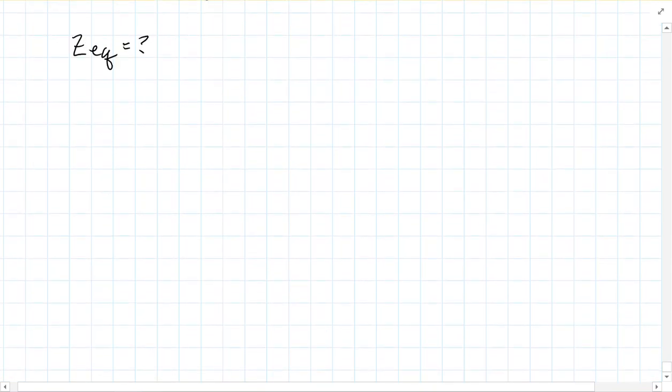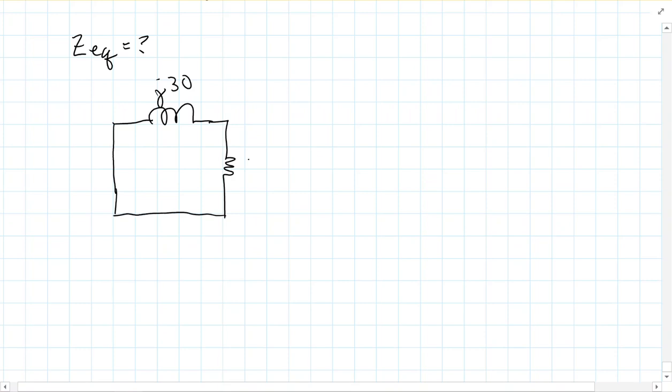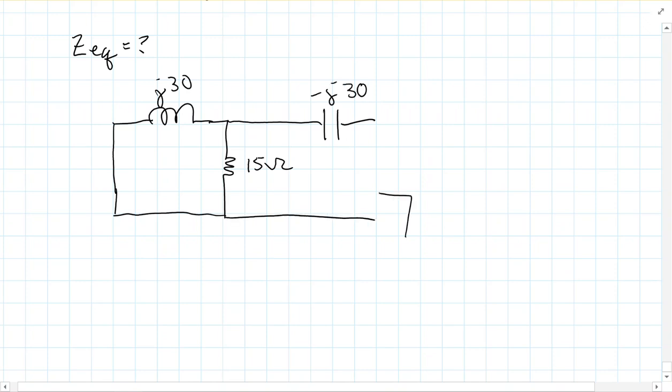All we're going to do is turn off that voltage source, and so we wind up with this J30, 15 ohm, minus J30, and then we have to find ZEQ.